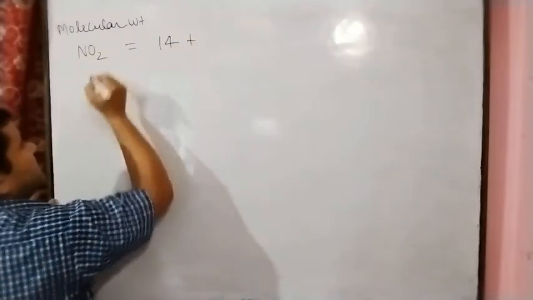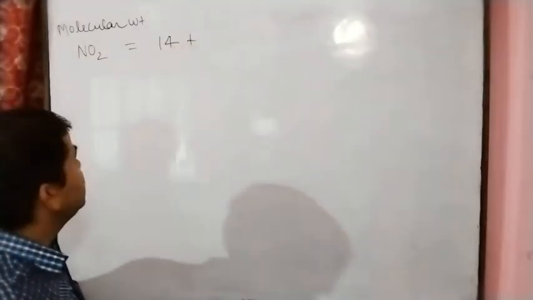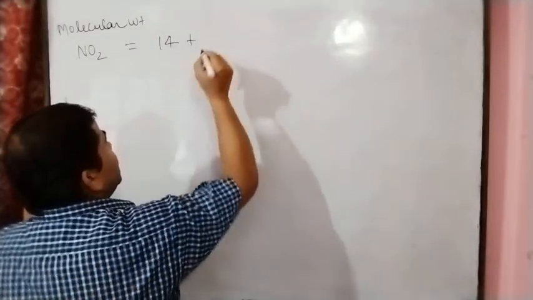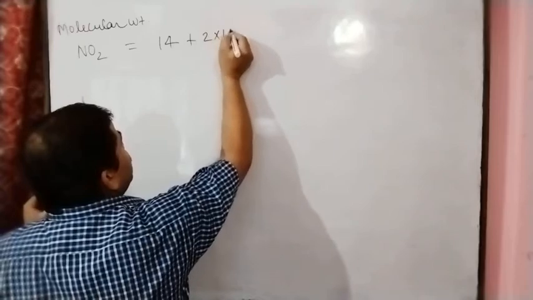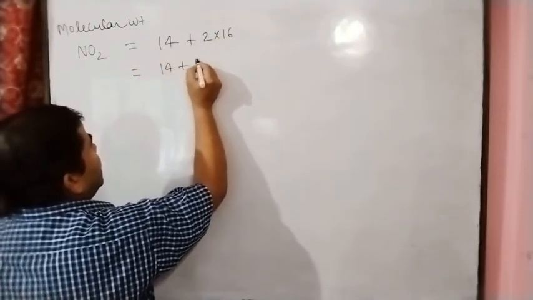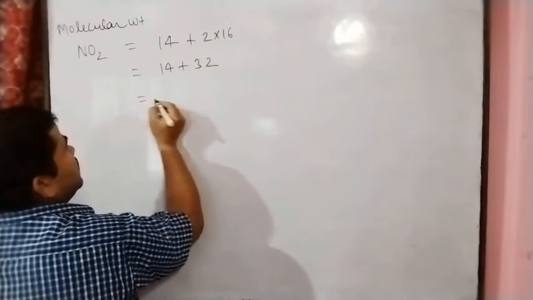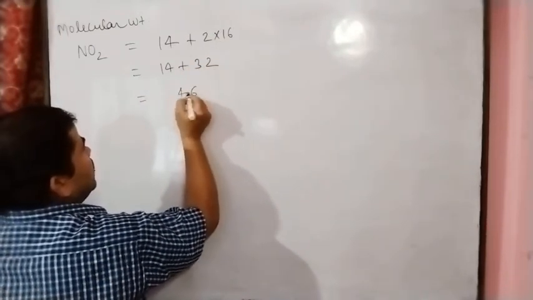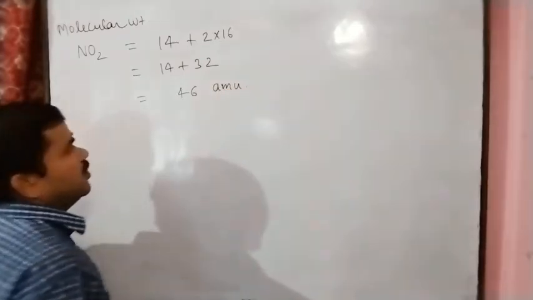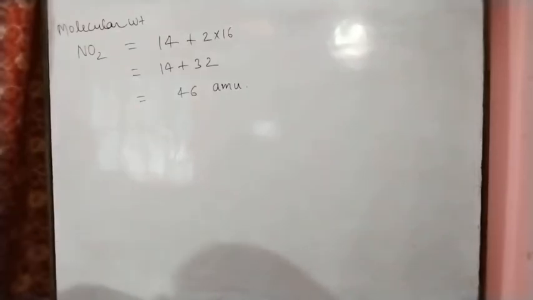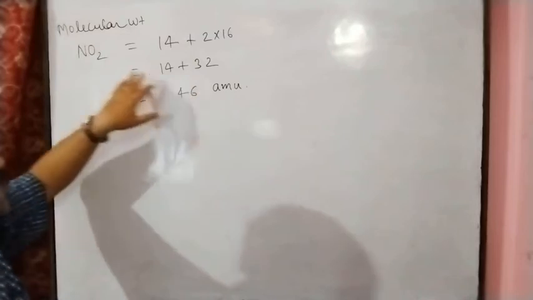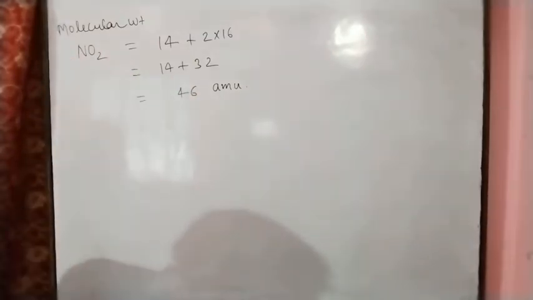Here two atoms of oxygen are given, and one atom of oxygen mass is 16, so 2 into 16. So we get 14 plus 32, which means 46 AMU. This is the molecular weight or molecular mass of nitrogen dioxide.